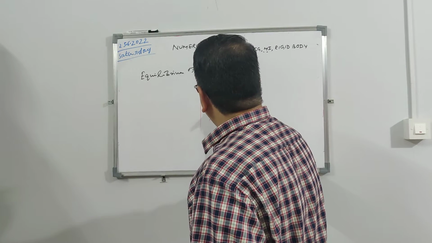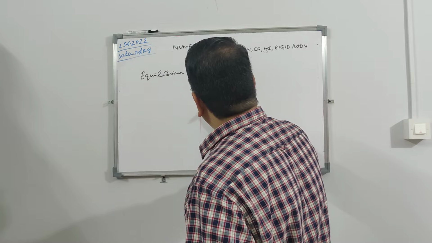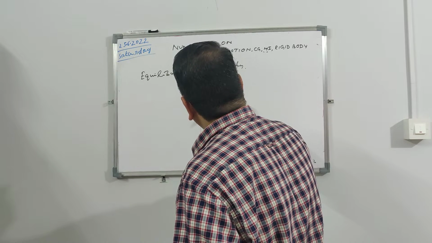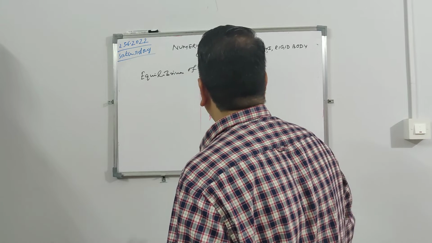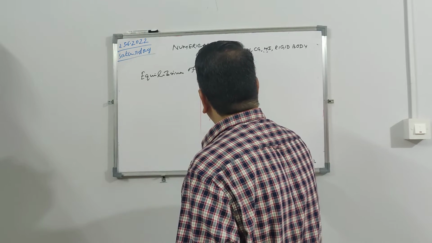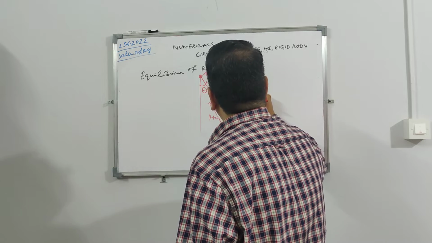If this angle is theta, then this is also theta, so this component will be mg cos theta.